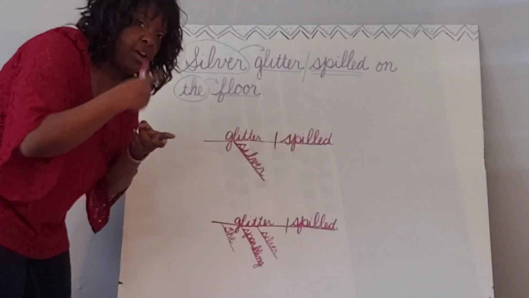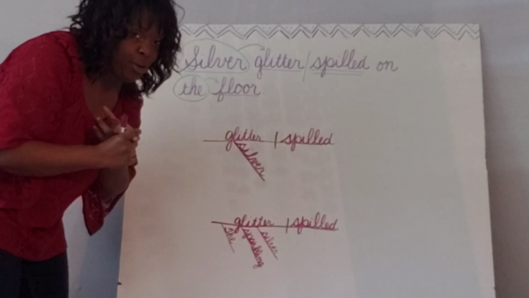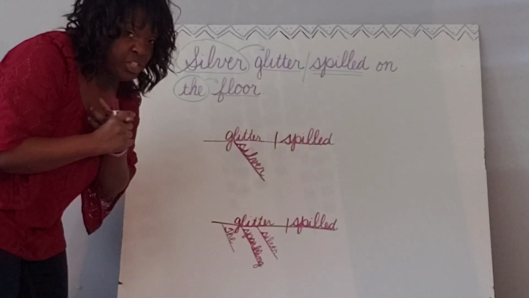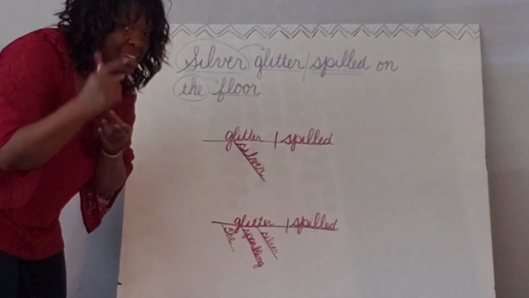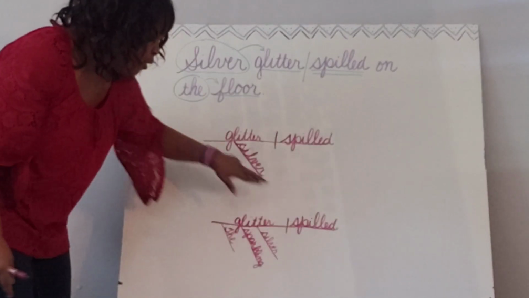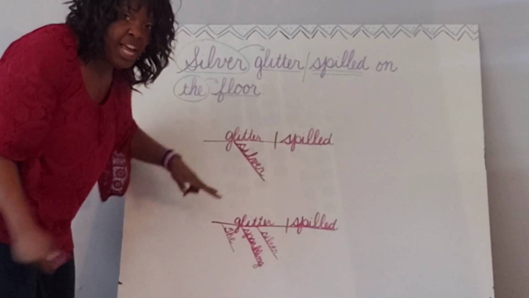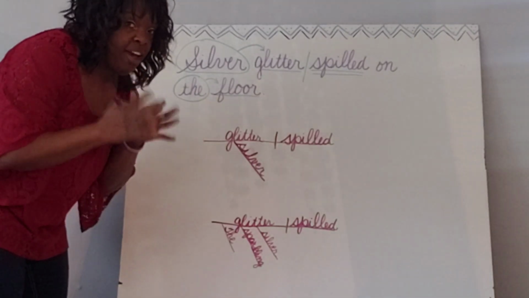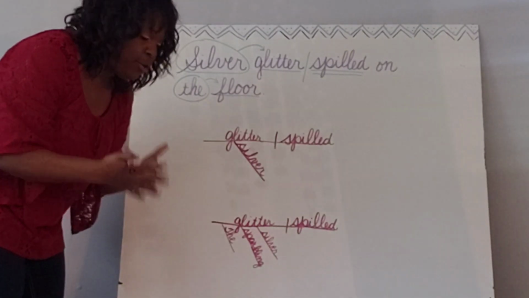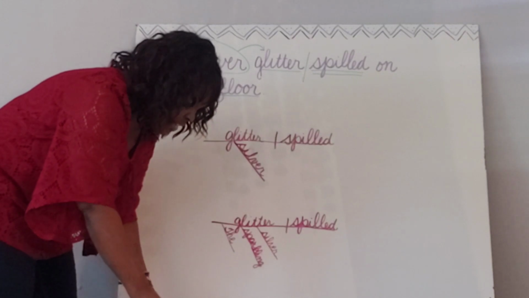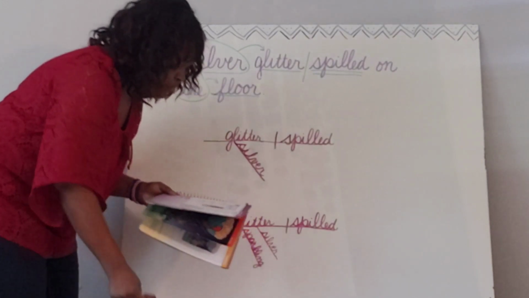With our subject, we already know that adjectives only describe nouns, so they're not going to describe our verbs. They go underneath the noun side, the subject side, and you write whatever words are describing those nouns as your adjectives.